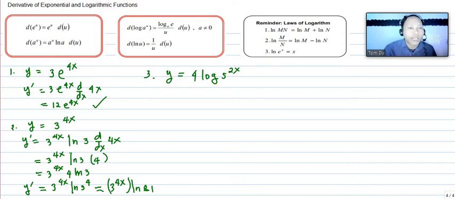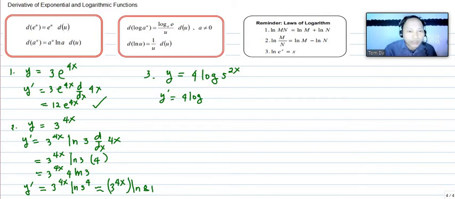So this is now our logarithm of a to the u. If we take the derivative of that one, that is equivalent to 4 logarithm of e to the base of a.